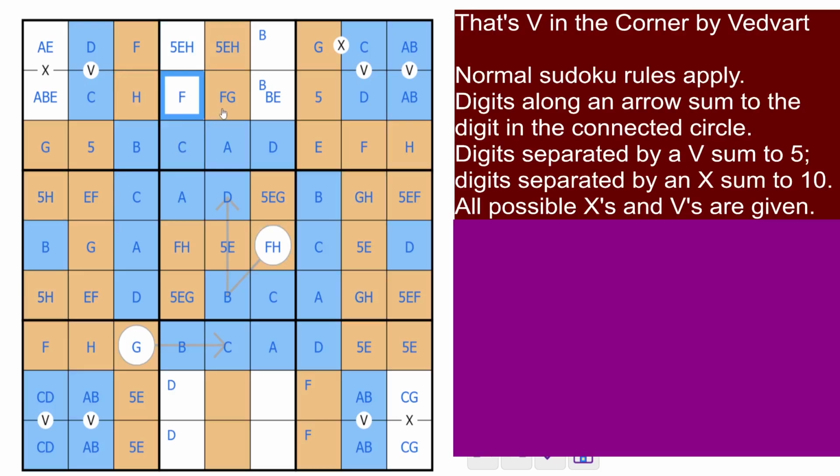That cannot be G. That has to be F. That has to be G. So anyway, these are all high. We just put those. So now that F removes F from here. So that's H. That removes F. That gives F here. That H removes H from here.